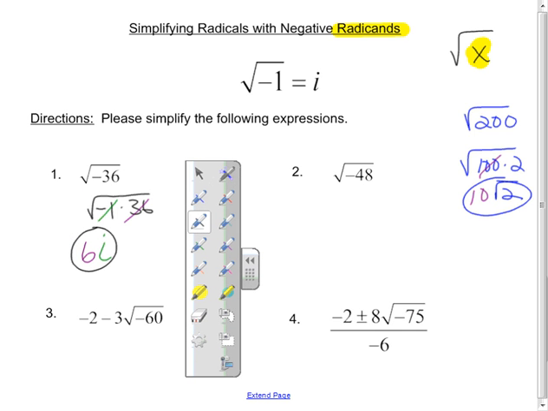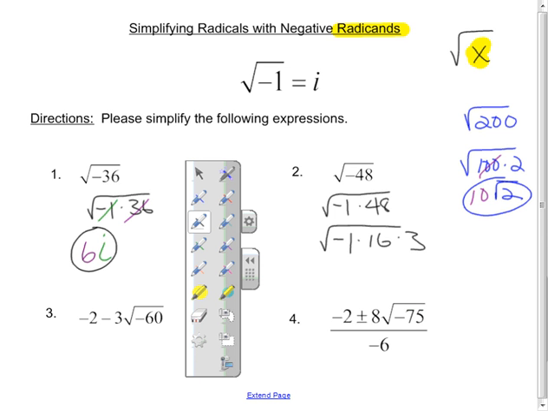A little more complex example, barely, because I'm dealing with the opposite of a perfect square: the square root of -48. Again, when I see the square root of a negative, I rewrite the expression as -1 times the factor that is appropriate, in this case 48. Now I ask myself, what is the biggest perfect square that goes into 48? That is 16. So I rewrite this as a product of -1 times 16 times 3.